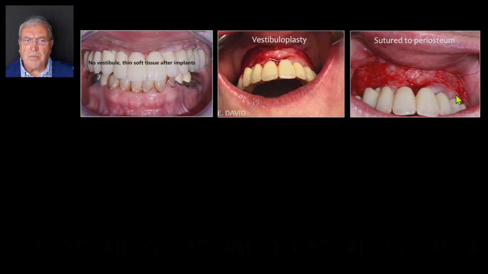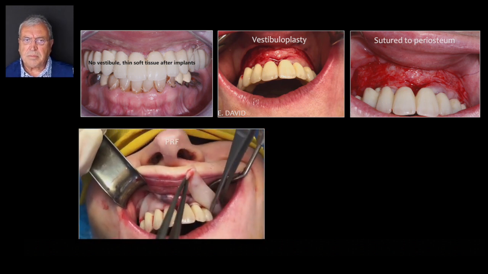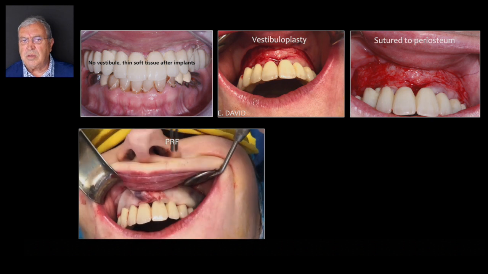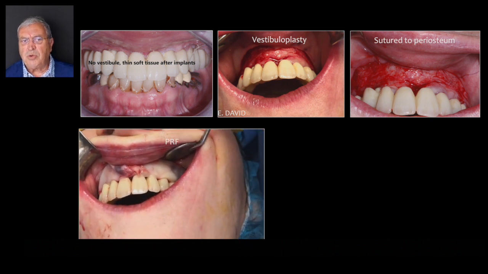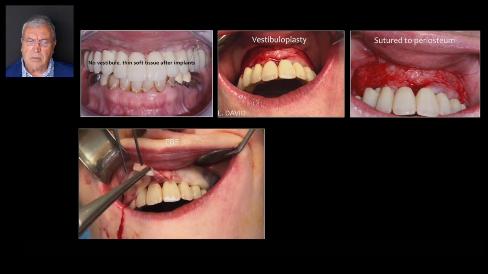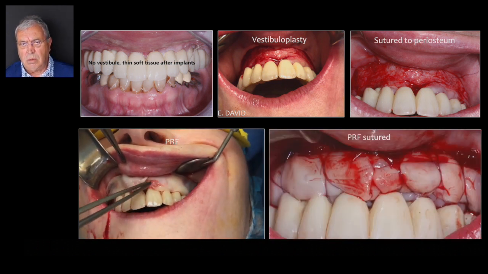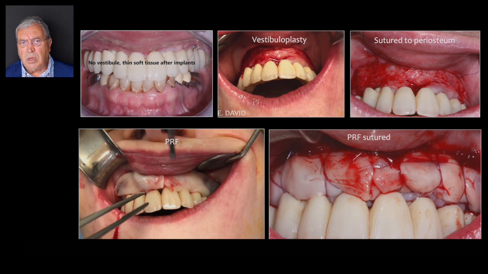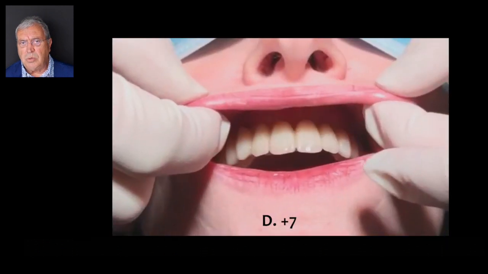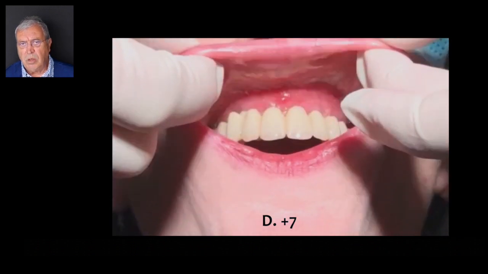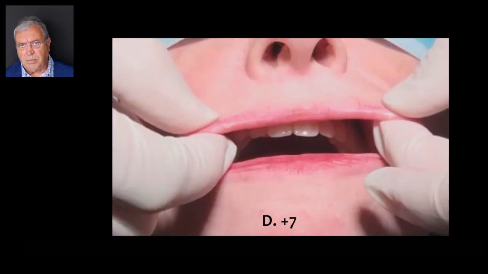We can use the fibrin matrix because we know that it's a provisory extracellular matrix. We need, of course, to fix it. And in 1 week, we will get the new tissue, the new keratinized tissue, in the full vestibule.